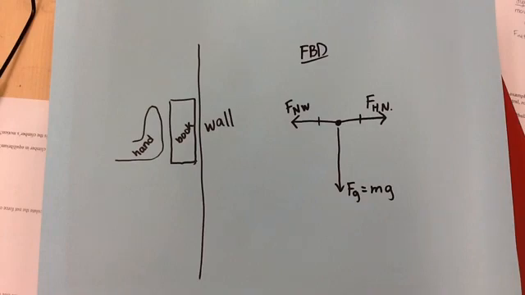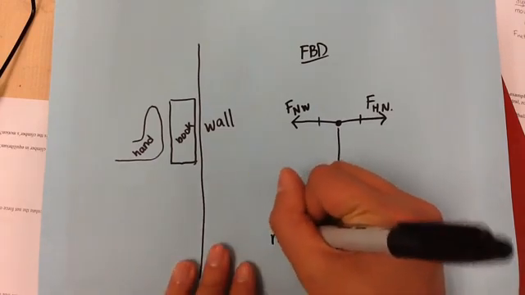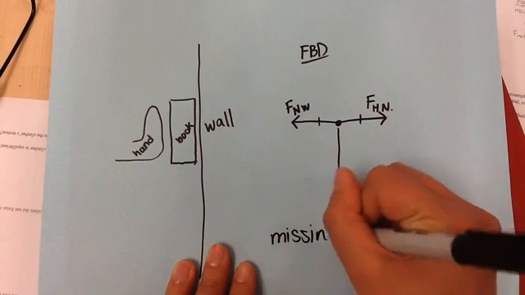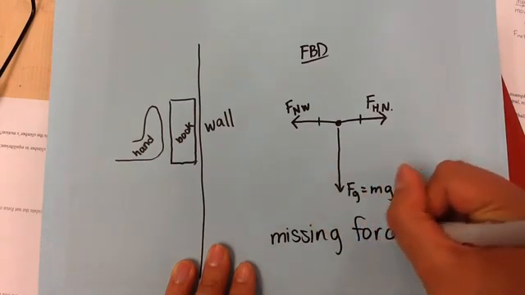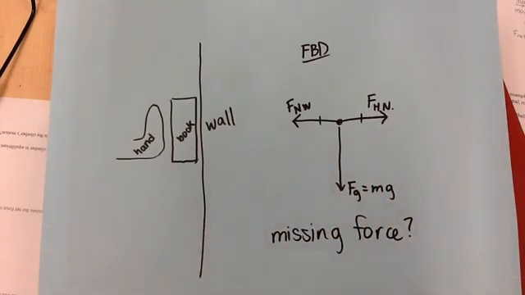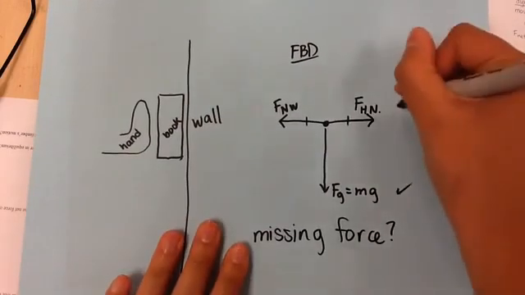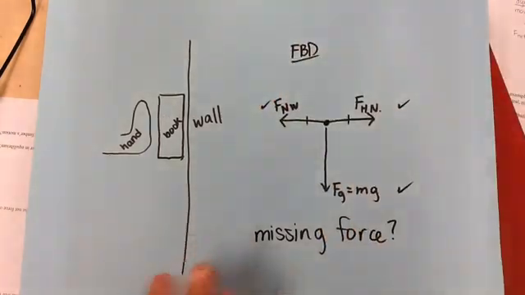Think about it for a second. Pause the video if you need to. What's the missing force? Did you figure it out yet? We had gravity. Check. Normal forces. Check. There must be some other force.